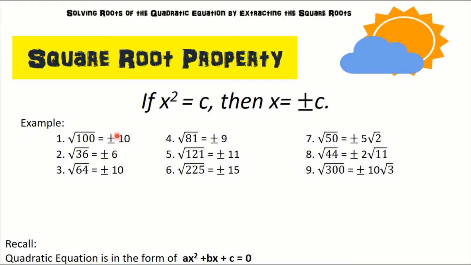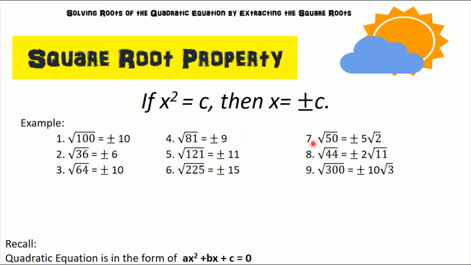Kapag minultiply natin ang positive 10 to itself, ang sagot is positive 100. So, when we consider naman yung negative sign, negative 10 times negative 10 is still equal to positive 100. So, yun ang under ng square root property.